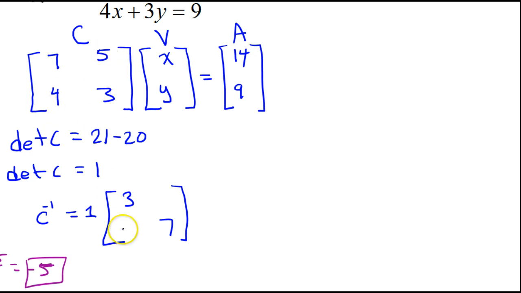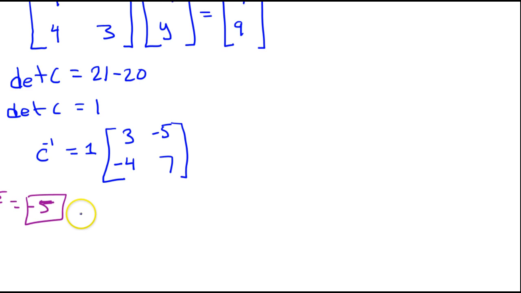When I say negate, nothing moves, but I change the signs. If these had already been negative, they would have become positive. So the inverse of matrix C is just going to be this. Normally I would have to multiply by the reciprocal of my determinant, but because I'm just multiplying by 1 in this case, that changes nothing. So the inverse of matrix C is simply 3, negative 5, negative 4, and 7.